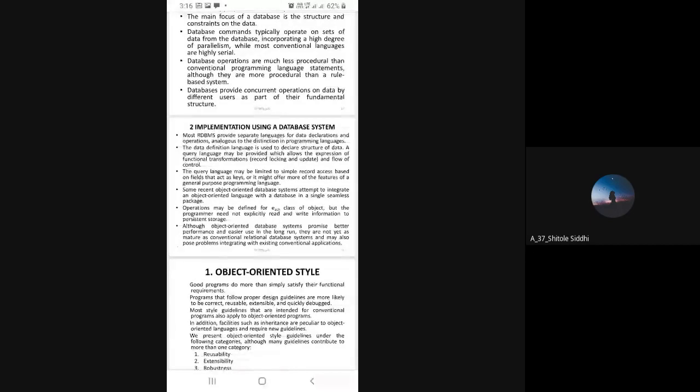When the main concern is access to persistent data rather than operations on the data, a database is often the appropriate form of implementation. The main focus of the database is the structure and constraints of the data. We need to define who is going to use my database and who is allowed to perform data manipulation, that is the data controlling part, because of security constraints.